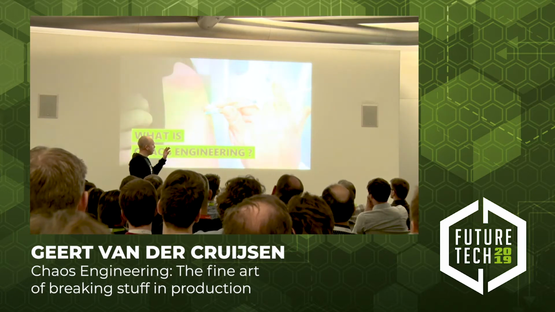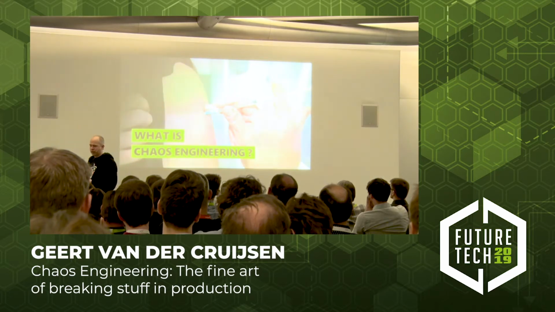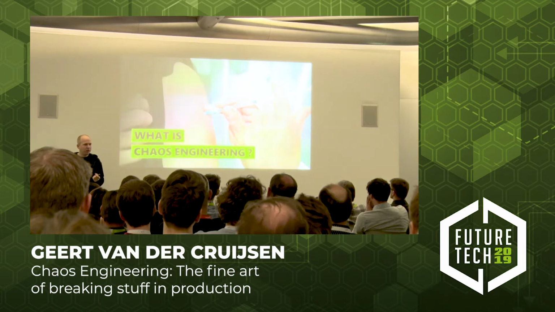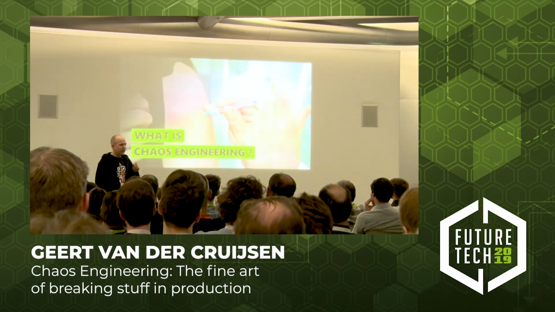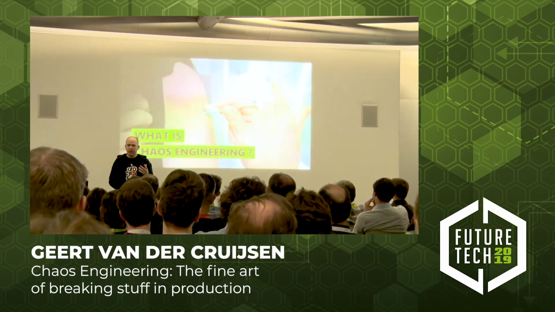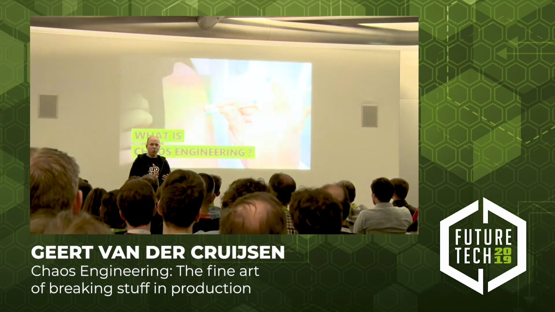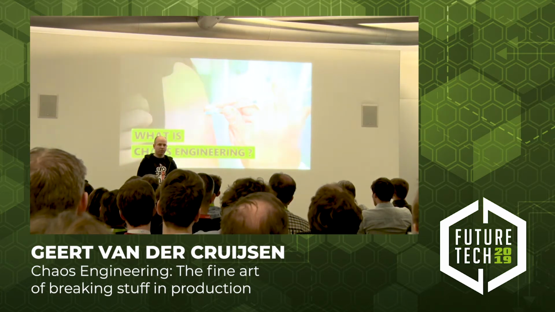And the way I like to explain chaos engineering is by seeing it as a sort of vaccination. We're applying a little harm to an application and seeing if we can cope with this harm, to in the end make our application more robust.